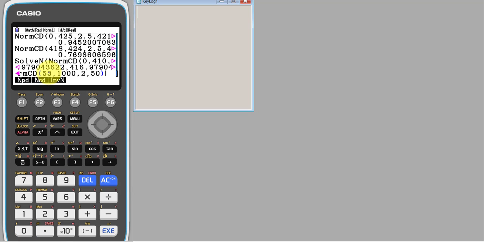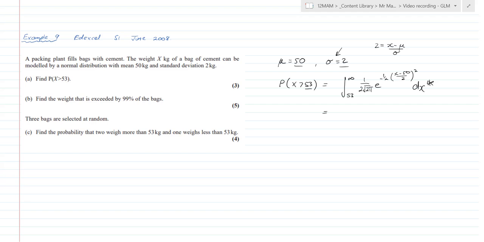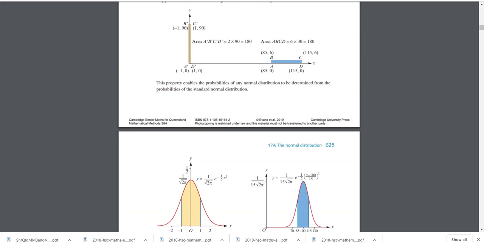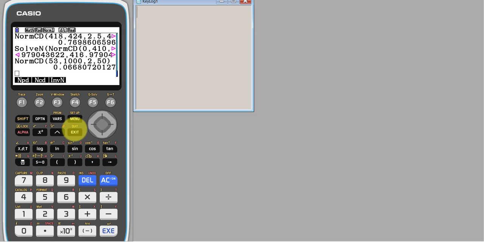So I'm expecting an answer that's below 16 and above 2.5, somewhere in the middle, probably closer to 2.5. And I get 0.0668.